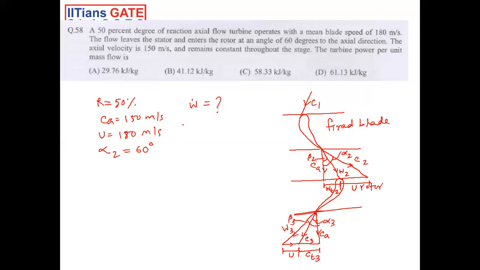Now, for 50% degree of reaction, we know that alpha 3, which is this, is equal to beta 2.